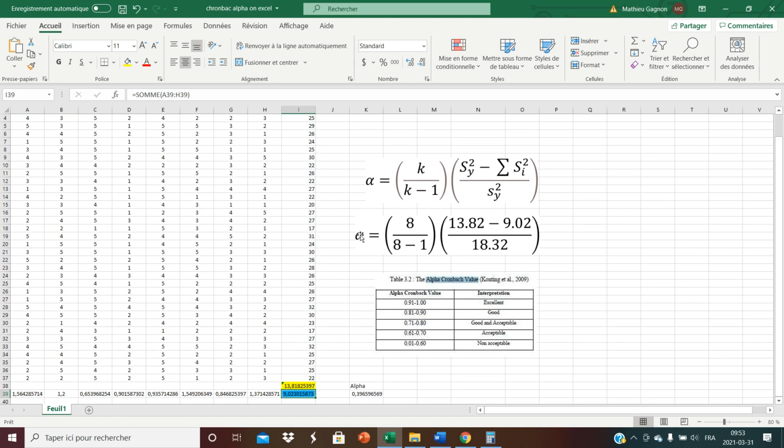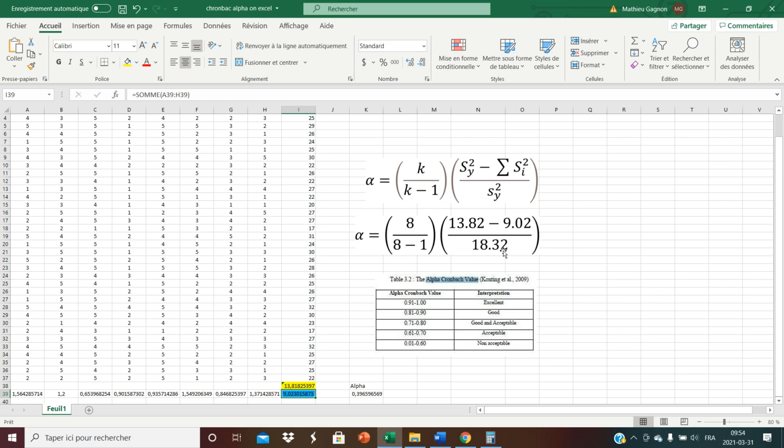Donc, mon Cronbach's alpha is equal to 8 divided by 8 minus 1, multiplié par 13.82 moins 9.02 divisé par 13.82.